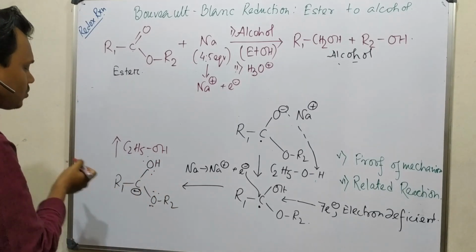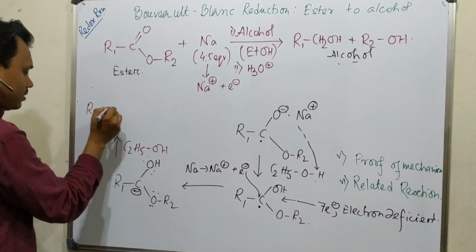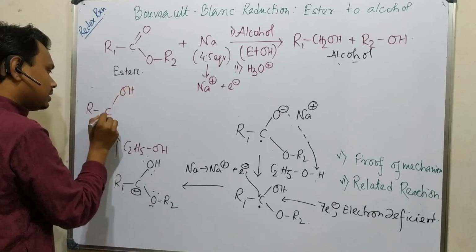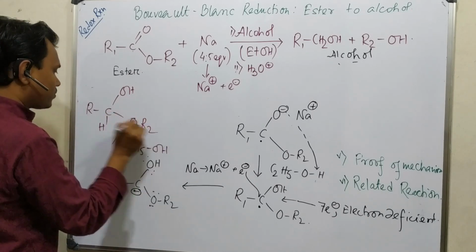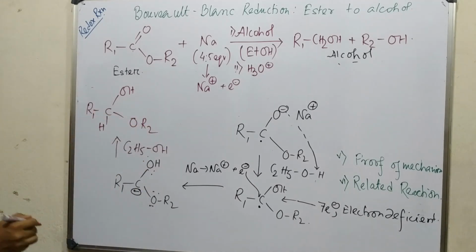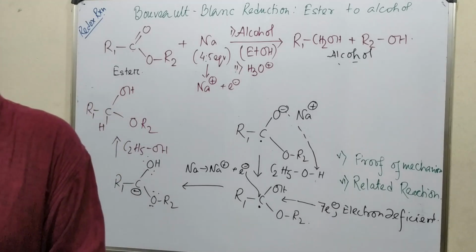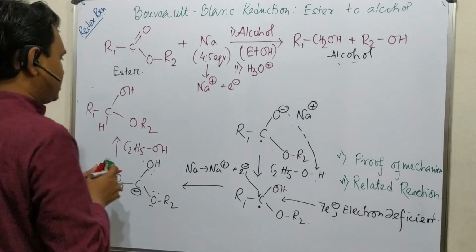So ethanol is converted into ethoxide and this is converted into the reduced product. So this is OH, this is H and this is OR. Actually right now this carbon is reduced. We are focusing on the reduction of the carbon center because the oxygen is not reduced.